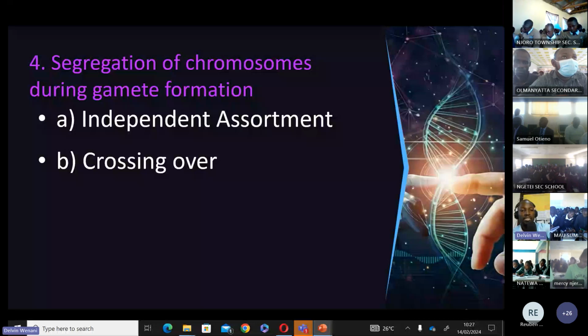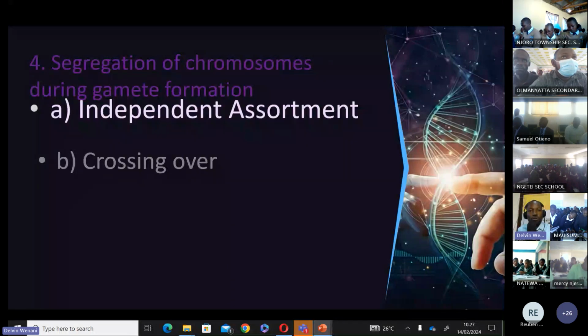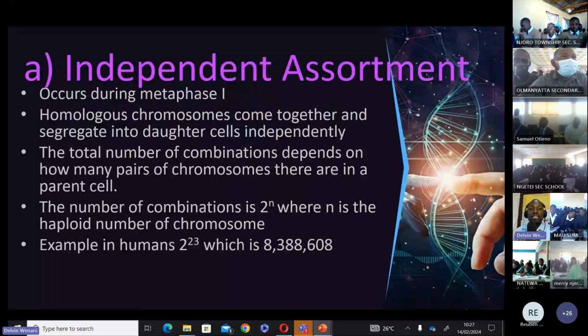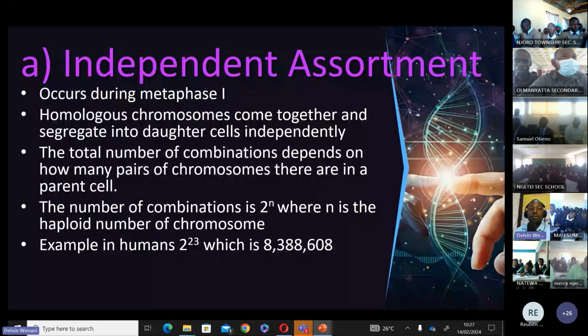Now, we have learned in Form 3 that independent assortment occurs in meiosis 1, that is metaphase 1 of meiosis 1. During meiosis 1, the homologous chromosomes, the chromosomes which are identical, come together and they segregate into daughter cells independently.